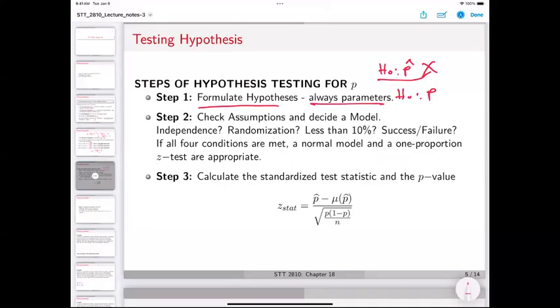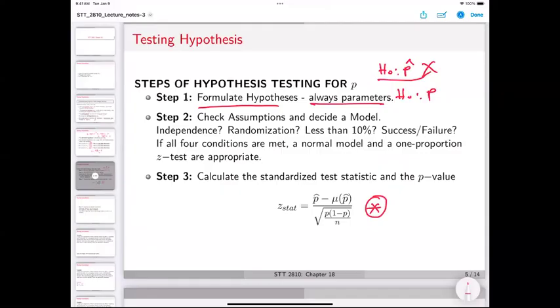So step 2 expects you to be able to check the assumptions. The next step is for you to compute the test statistic. For the proportion, the statistic is given by this. I want you to be able to write that down.